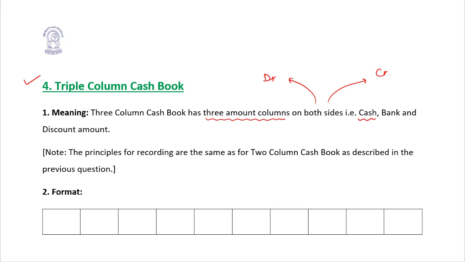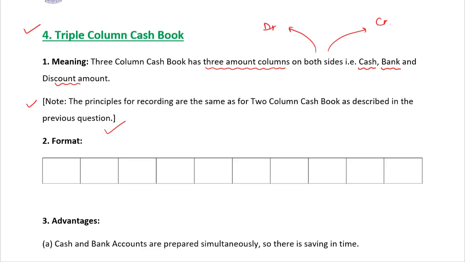That is, we have a cash column, we have a bank column, and we also have a discount column. Discount allowed will be on the debit side and discount received will be on the credit side. The principles of recording are same as we had learned in previous questions. So all the principles are same.